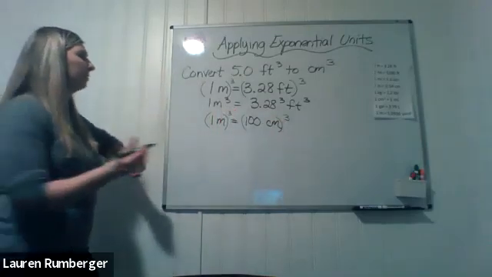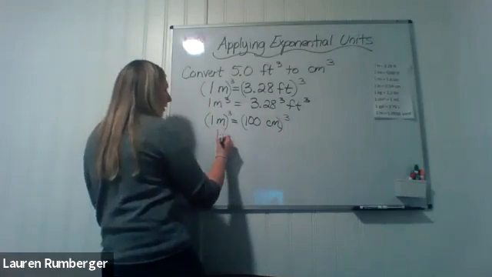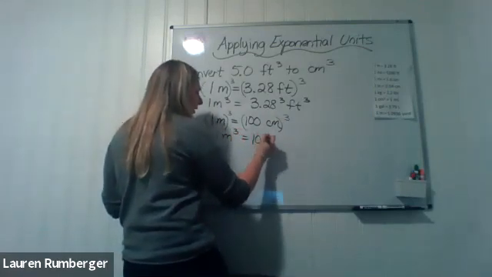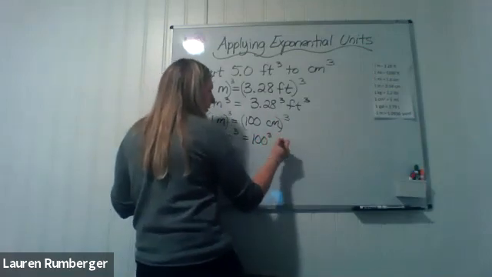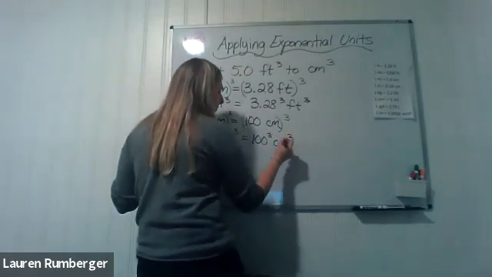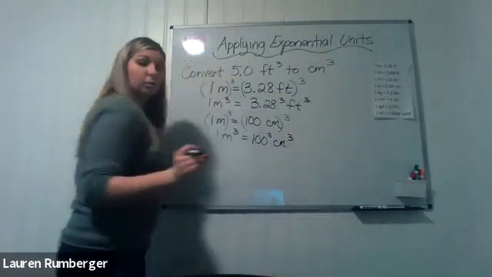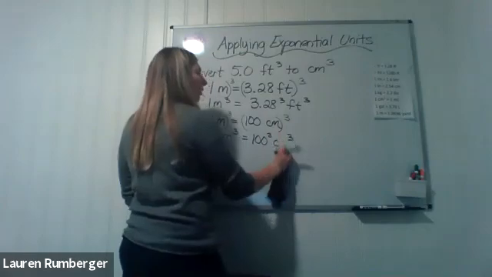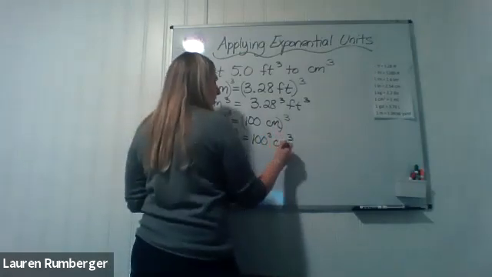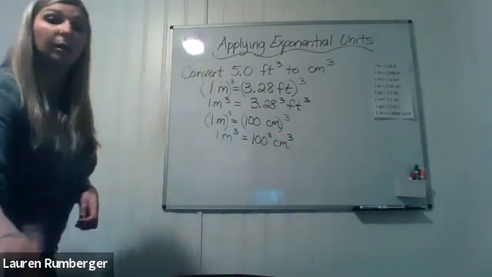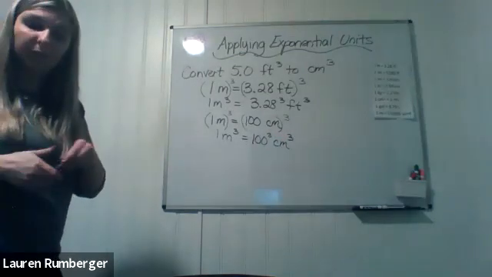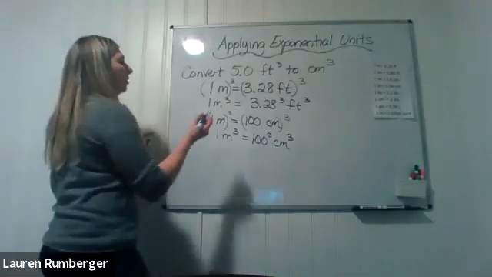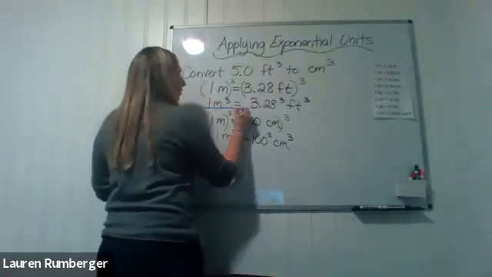So now 1 meter cubed equals 100 cubed centimeters cubed. Now we're going to start doing calculations with exponents, so we need to make sure that we're comfortable with this in our calculator too. But before we do our calculation, we need to set this up to cancel the units.